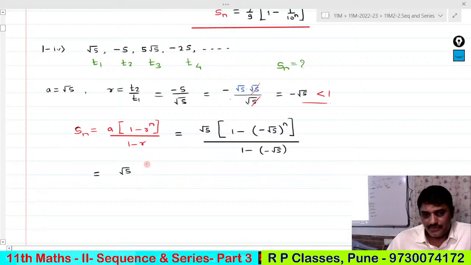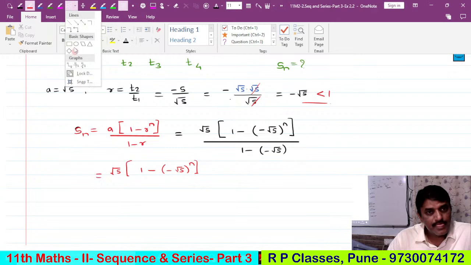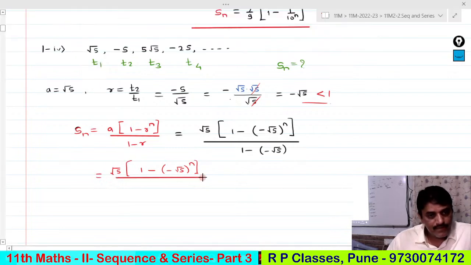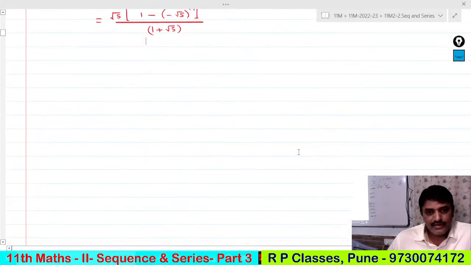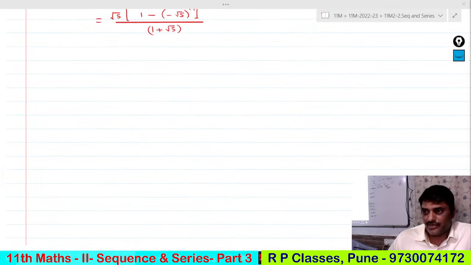I'll say this is the final answer, because here if n is even it will be different, if odd it will be different, and minus minus will be plus. At most, I can say this is equal to root 5 into 1 minus root 5 raised to n divided by, minus minus is plus. That's the answer. That's it. Okay, let's move ahead. Let's go for the next question.